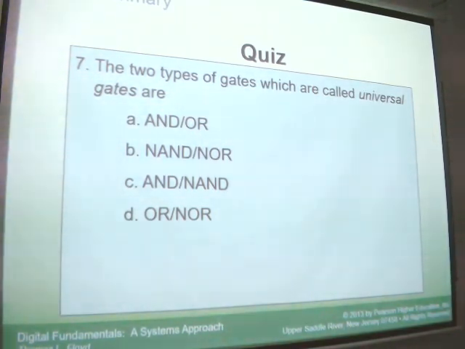Please turn to page 160. NAND logical and NOR logical are called universal logical gates. Right? NAND and NOR.